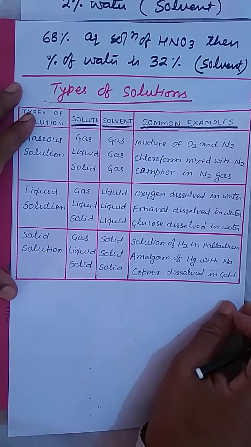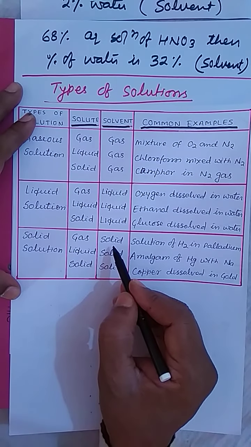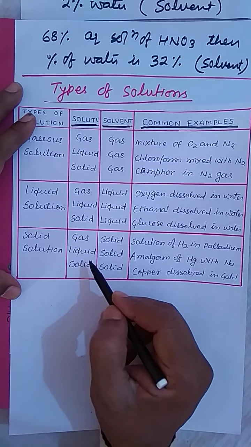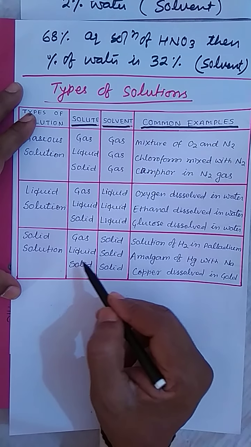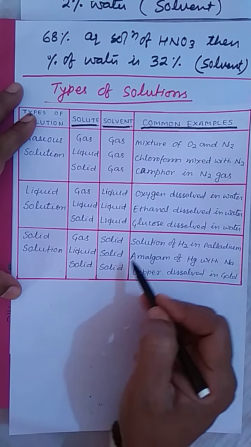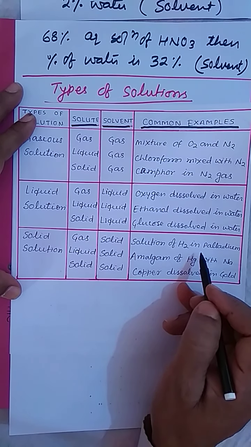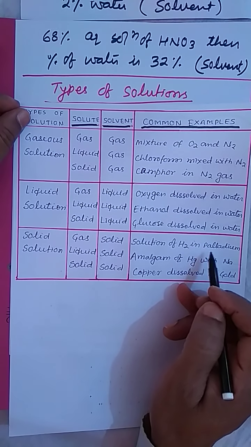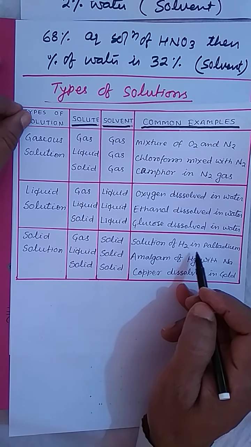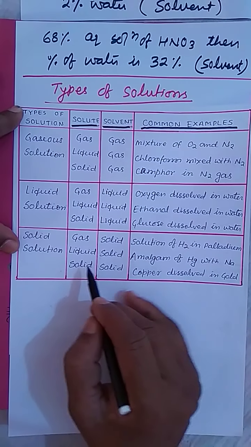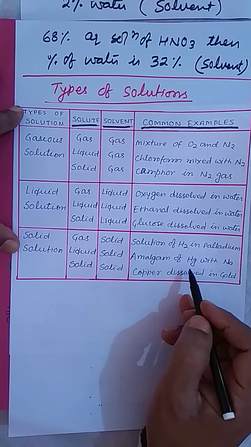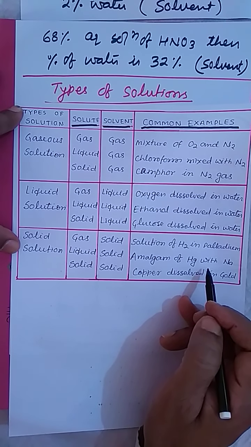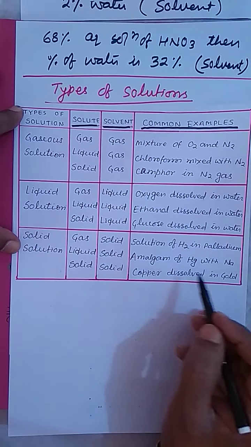Now next one is solid solution. Here solvent must be solid and solute may be gas, liquid, solid. So gas dissolved in solid, liquid dissolved in solid, solid dissolved in solid. So solution of H2 in palladium, its adsorption takes place at palladium, and this is a solution of gas in solid. Liquid in solid, amalgam of Hg with Na, that means sodium amalgam, is an example of liquid in solid solution.